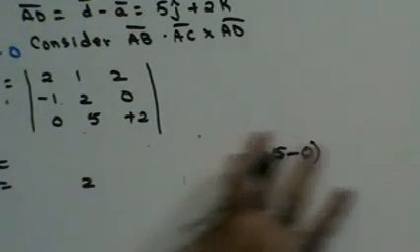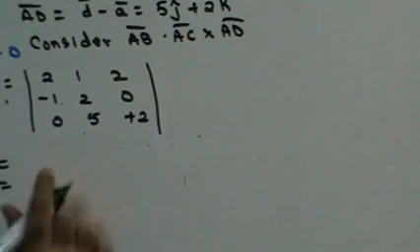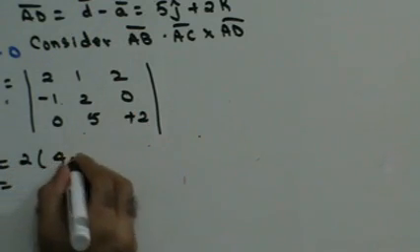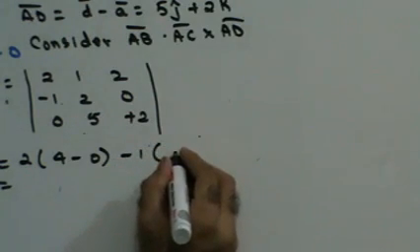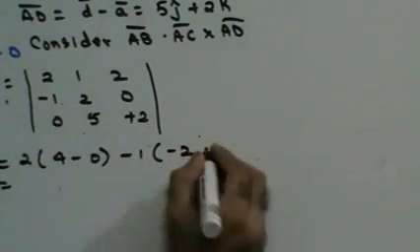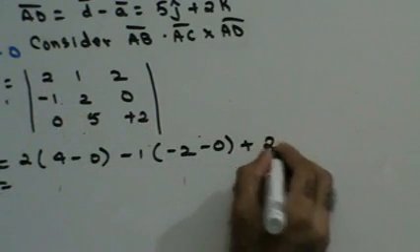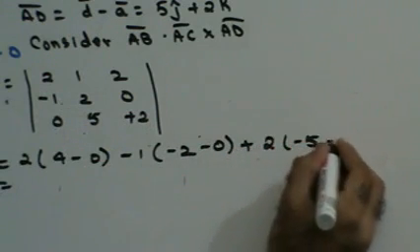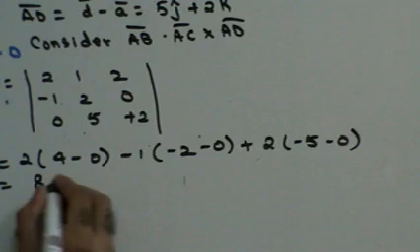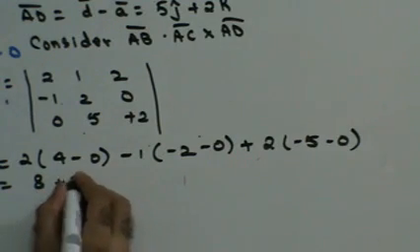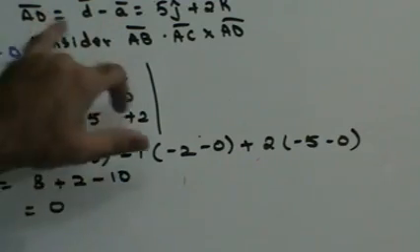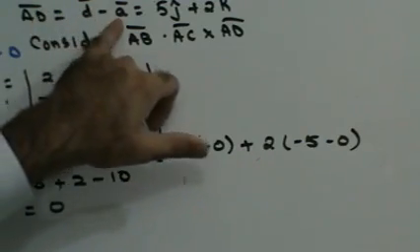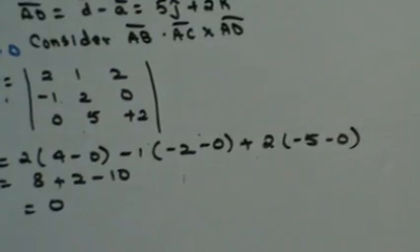Let's do this calculation again. This is going to be 2 (4 minus 0) minus 1 (minus 2 minus 0) plus 2 (minus 5 minus 0). So this is 8 plus 2 minus 10, which is 0. Guys, just see this. AD vector, which was D vector minus A vector, is 5j plus 2k.